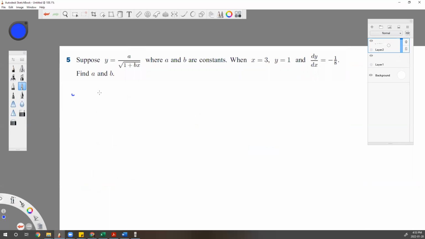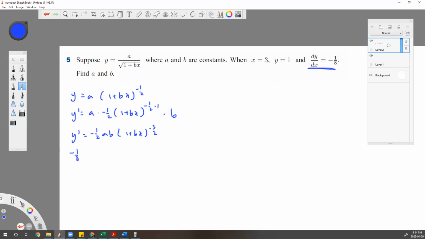So I just simplify y equals a(1 plus bx) to the power -1/2, right? So the y derivative is a, as in chain rule, and then -1/2 ab(1 plus bx) to the power -3/2.